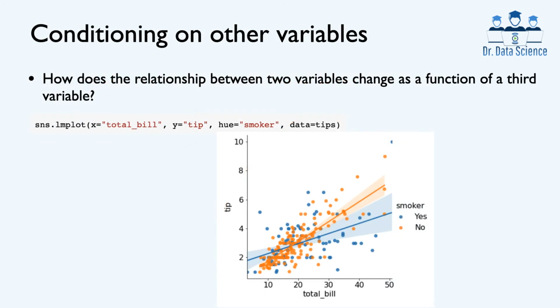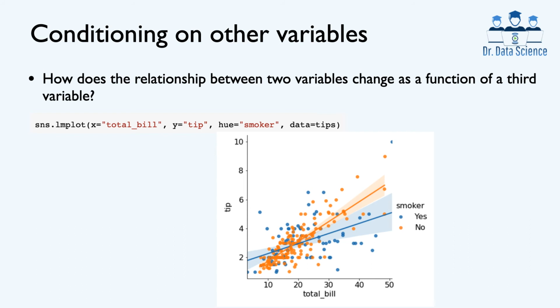Another nice feature of Seaborn, which comes in very handy, is that we can specify the relationship between two variables as a function of a third variable. So in that tips data set that we had, if you remember, we had different columns. Two of the columns correspond to total bill amount and tip amount. But we also had another column called smoker. Now we want to see if the correlation between total amount of bill and tip is different for people who are smokers or people who are not.